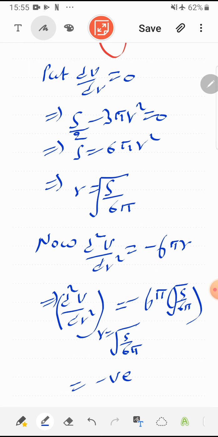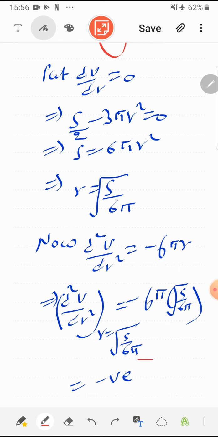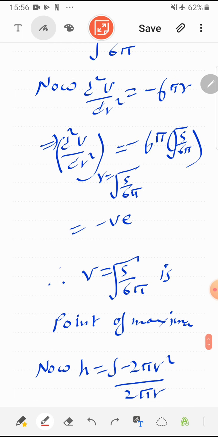Now students, here we should not waste our energy to calculate this thing. Our main target is we have to show that it is negative, and it is coming out to be negative. So that's it. Double derivative is negative, so that is why it is point of maxima. R is equal to under root s upon 6 pi.